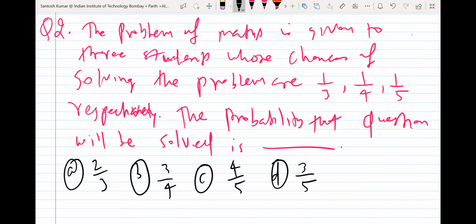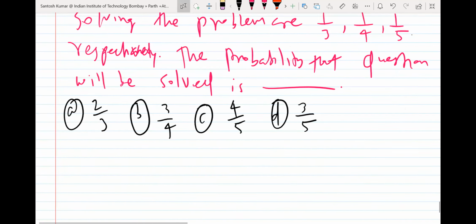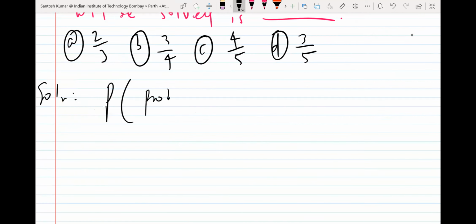So how do you see this problem? There are 3 students, they are solving independently. So again, you see the probability that the problem will be solved. What is the implication of this statement, the problem will be solved?